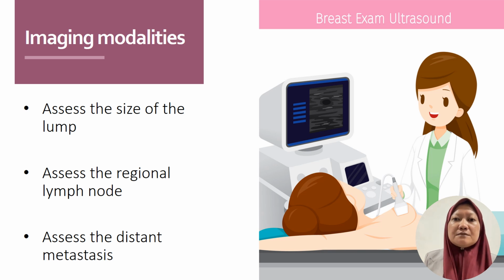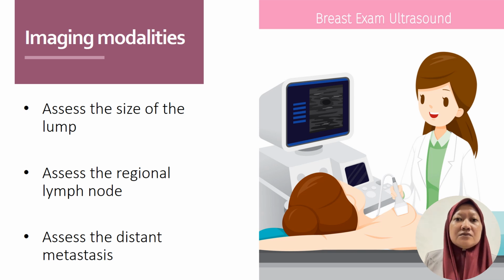The triple assessment also includes imaging studies, which are crucial for accurately evaluating the breast lump. Radiologists utilize two primary modalities, which are mammography and ultrasound of the breast. Mammography is an imaging technique essential for assessing the size and characteristics of the lump, as well as screening for any additional abnormalities in the breast tissue.